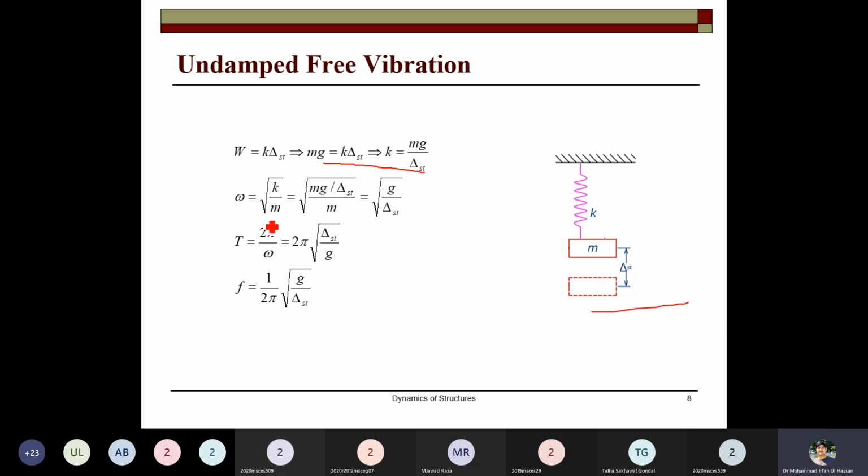And omega is equal to square root of k over m. Now putting the value of k here, we can get the value of omega for the spring. We need the g value and delta value, and we can determine its frequency in radians per second. And from that we can determine the time period, because time period is 2 pi over omega, and then from that we can find out the frequency value.